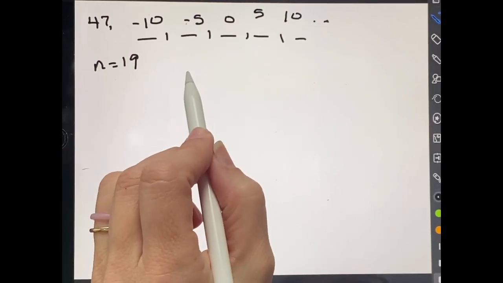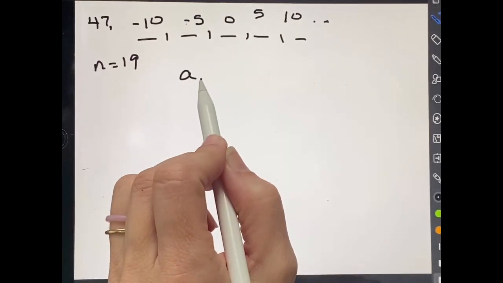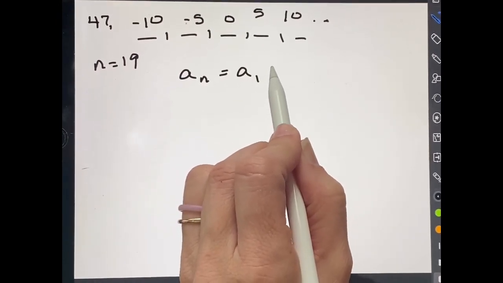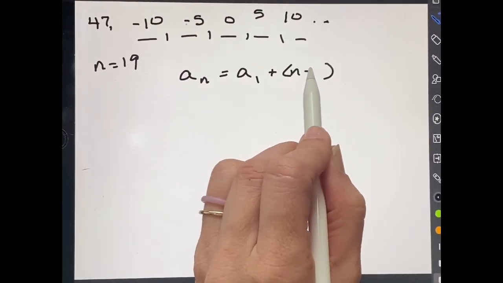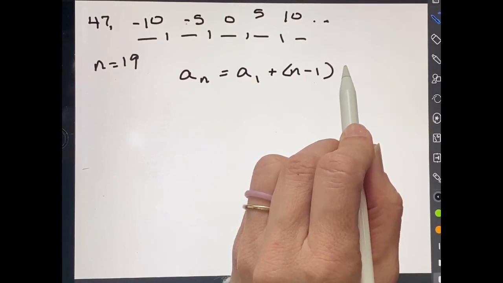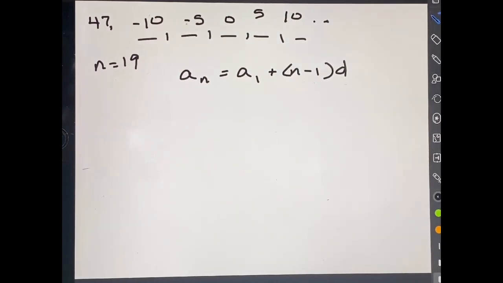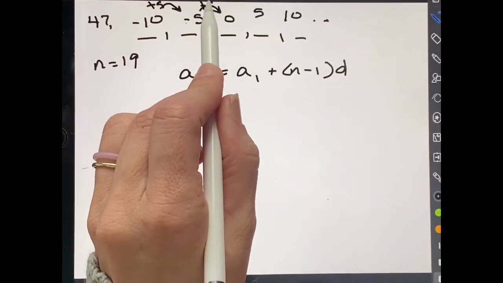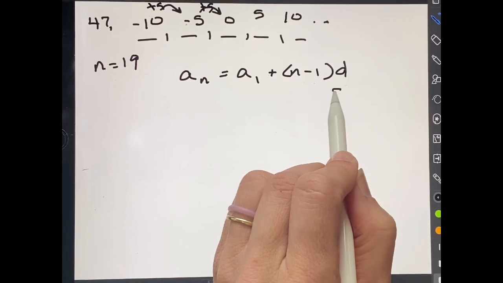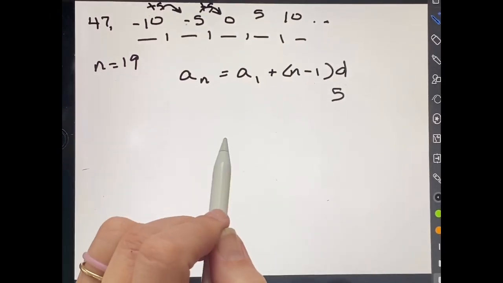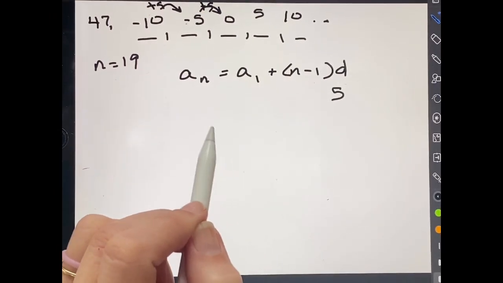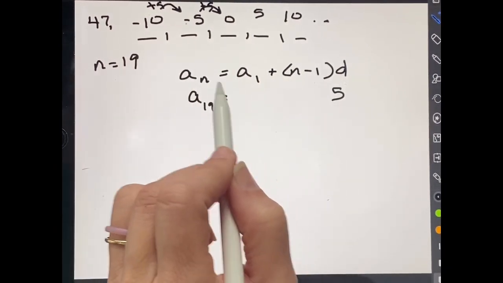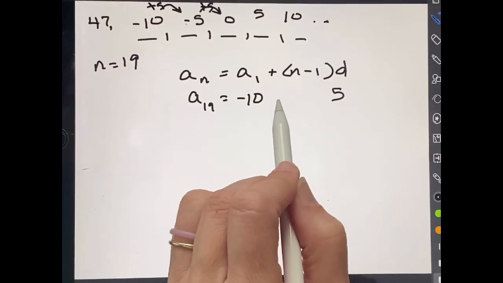Well, first we've got to go back and use our sequence formula. So we know that we can find any term, meaning from where we start, plus those number of jumps, however many jumps we make, of our common difference. So what do we have here? It looks like we are adding 5 every single time. So our D value is 5. They are asking us for the 19th term. So the 19th term is going to be equal to wherever I start with. I started at -10.